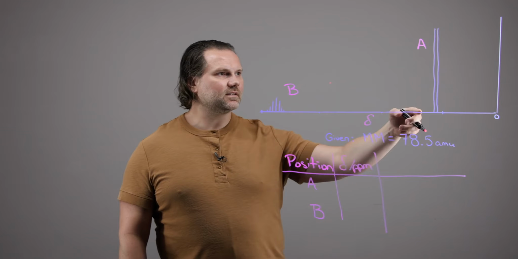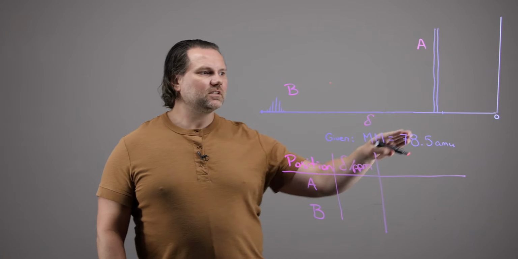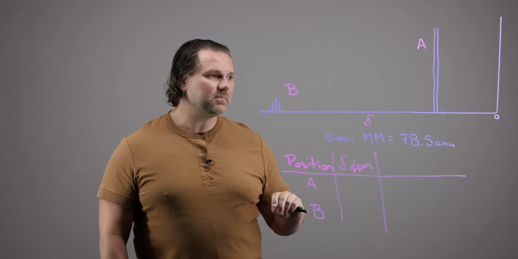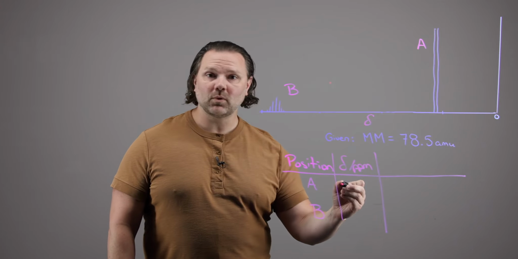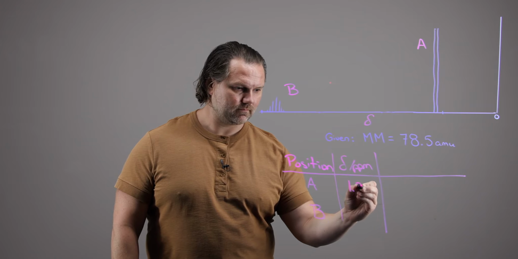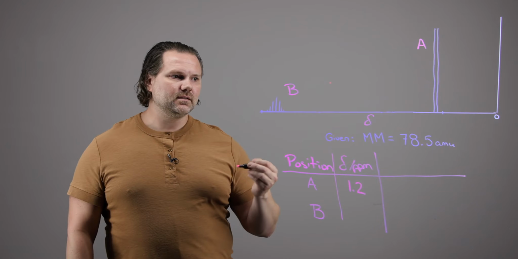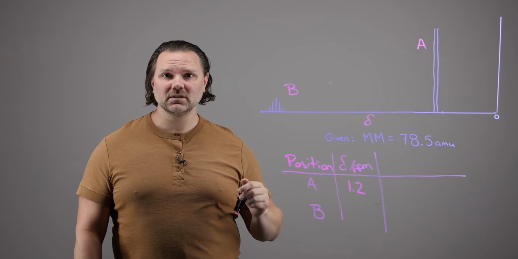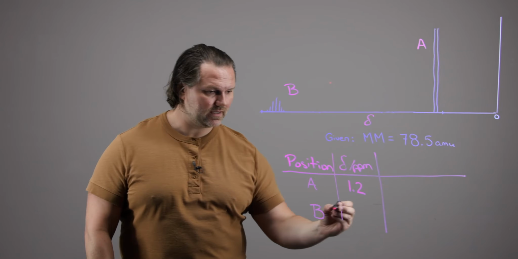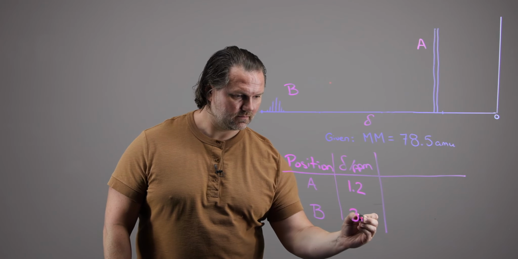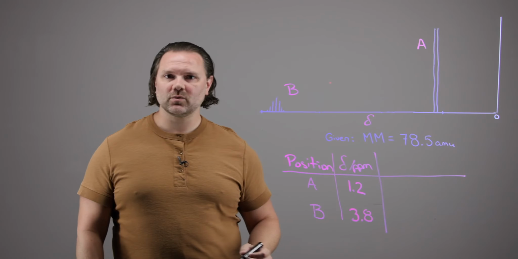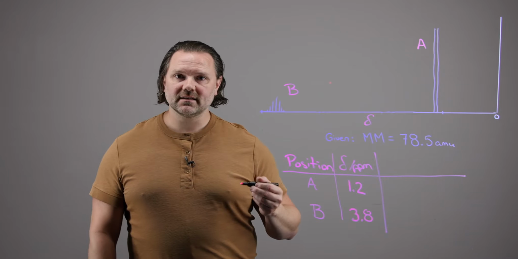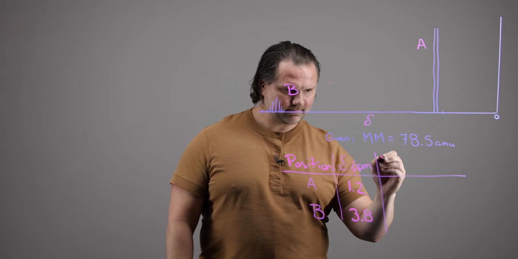And we see that peak A shows up just slightly higher than 1 ppm, at about 1.2. B is showing up higher than 3, but not quite 4. It's around 3.7, 3.8. So let's put 3.8.